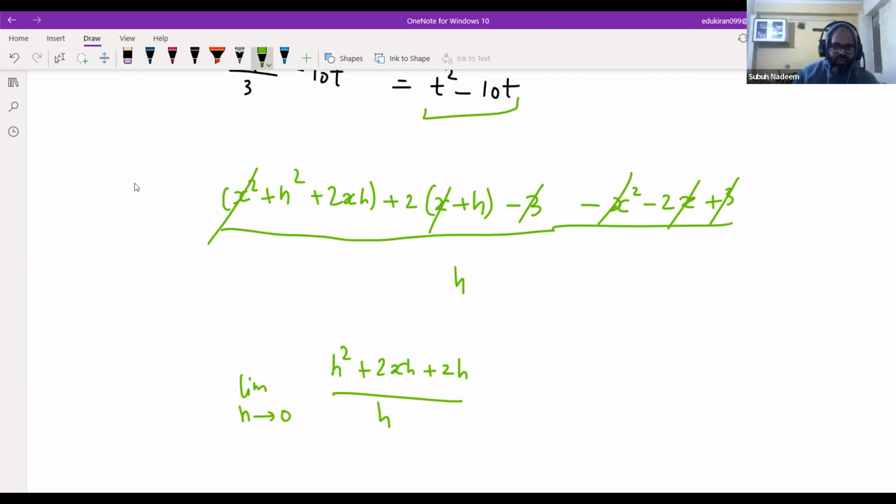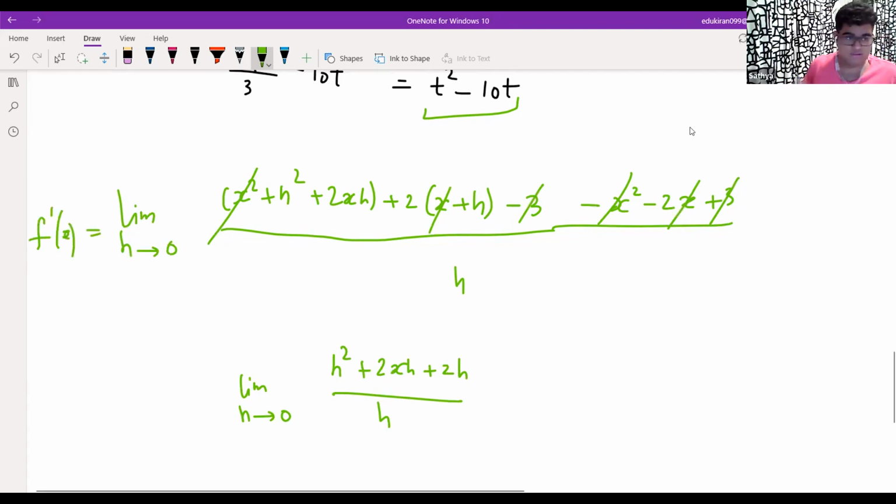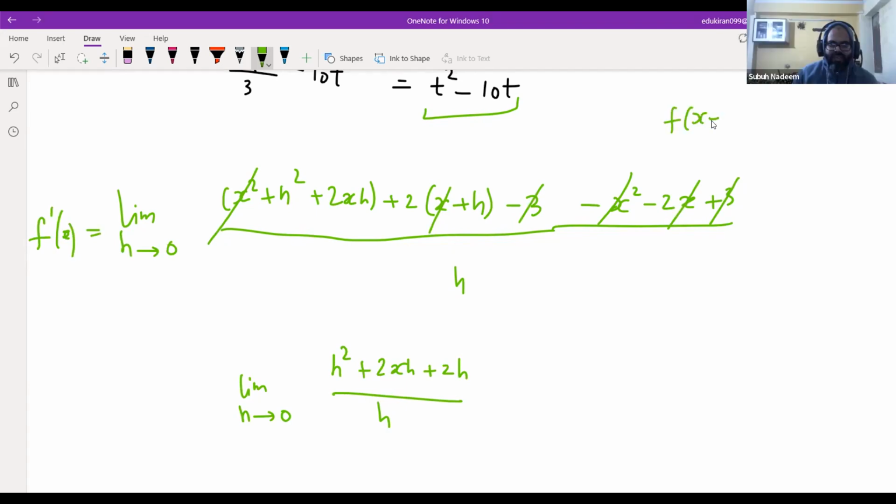Why x as 0? h is approaching 0 now, h we take as 0. You take this now, f of x plus h minus f of x by h, limit h approaching 0. This is called f dash x. This is the derivative.